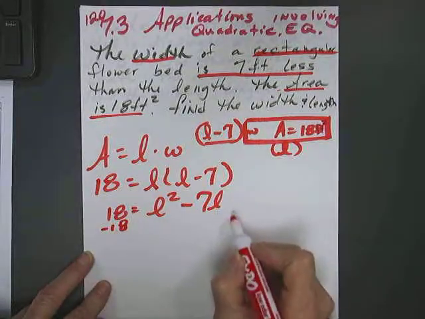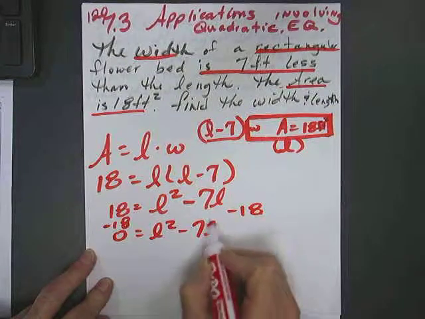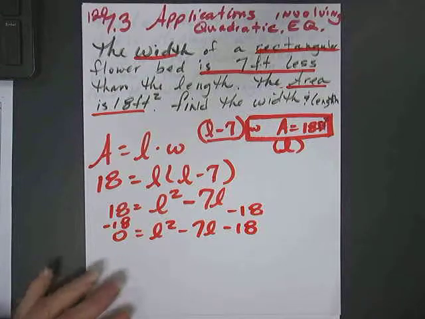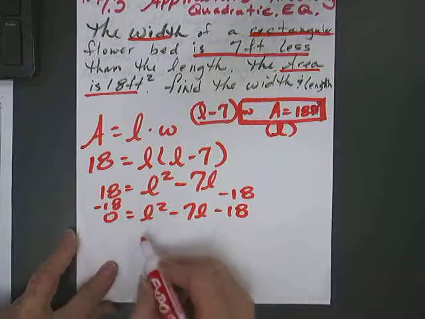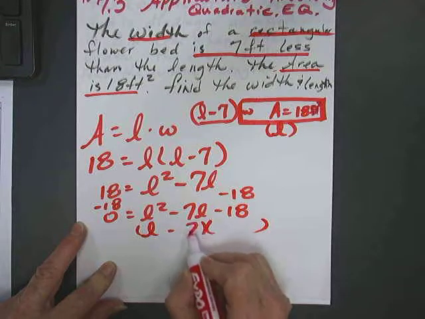To make it equal to 0, we're going to subtract 18. So 0 equals length squared minus 7 length minus 18. You can factor it, right? 2 and 9.